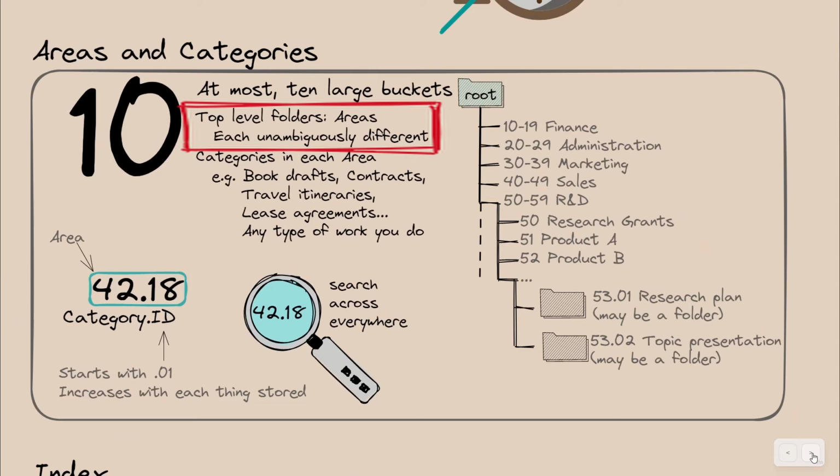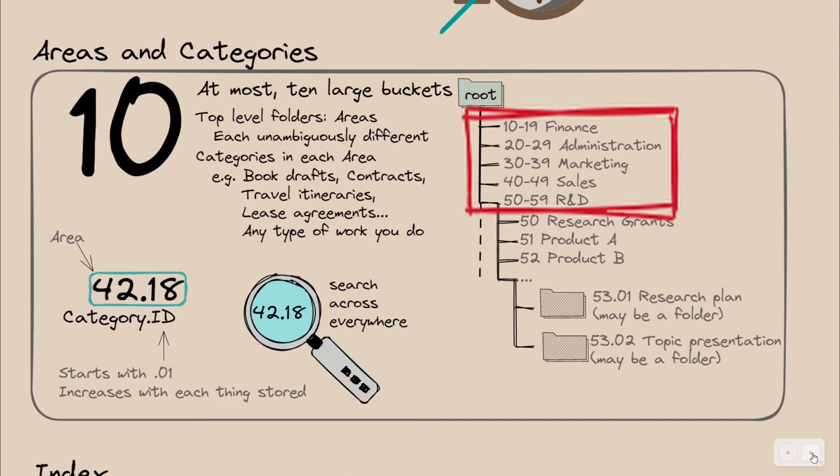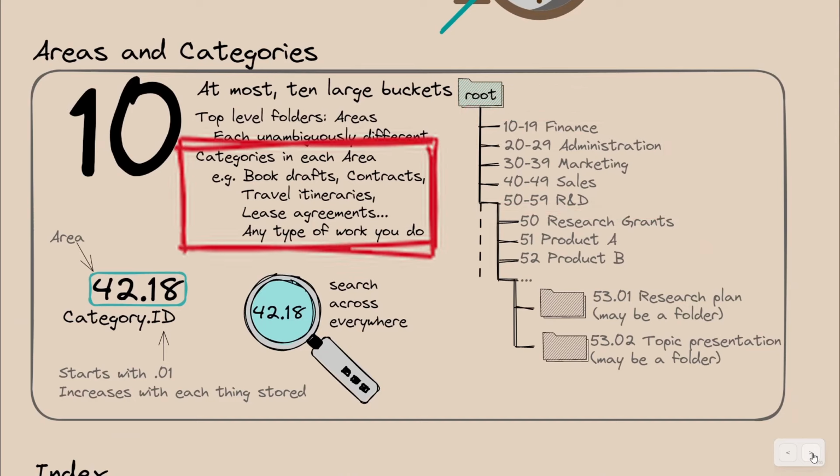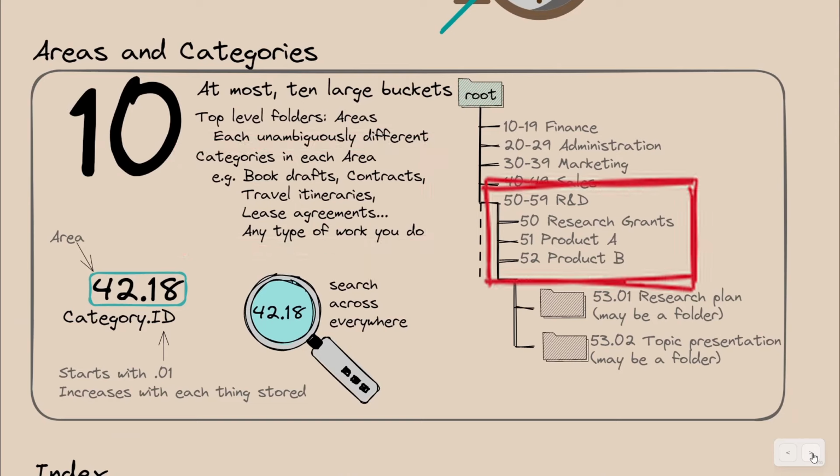Step 1 involves dividing everything you want to organize into maximum 10 broad and high-level areas, assigning each area a number from 10 to 90. Step 2 is about dividing each area into maximum 10 more specific and granular categories, assigning each category a number from 0 to 9.